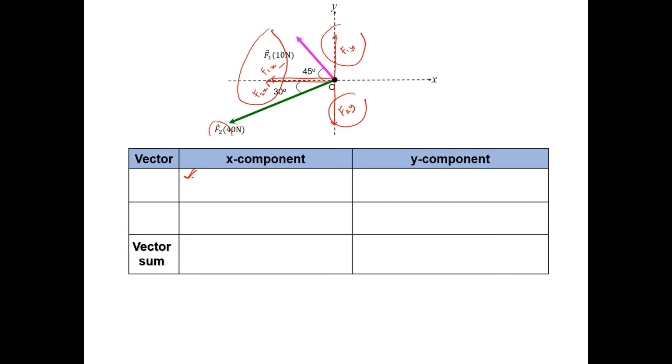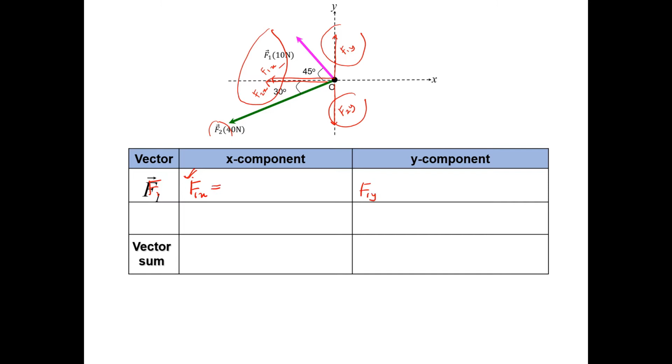Let's start with the vectors one by one. We start with F1, so we have F1x and also F1y. Now we are deducing the equation.